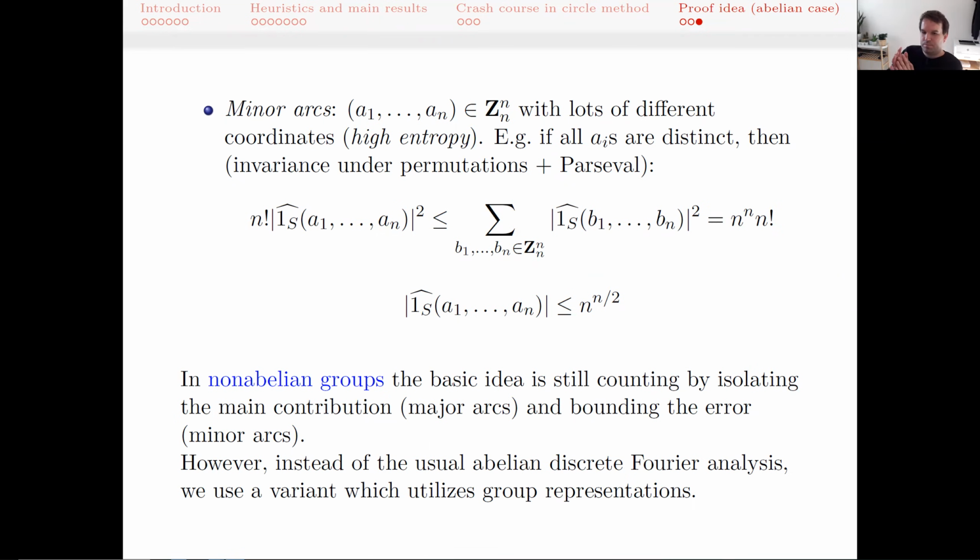You still estimate your count by some main contribution that comes from major arcs, which are defined in another way, and you also have some error coming from minor arcs. You cannot really use abelian discrete Fourier analysis anymore, but there is a variant of Fourier analysis for non-abelian finite groups, which utilizes group representations.